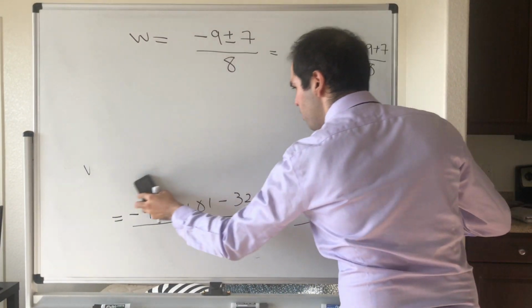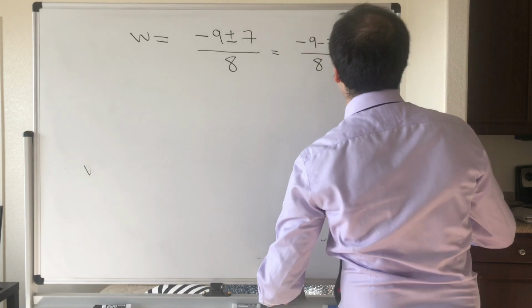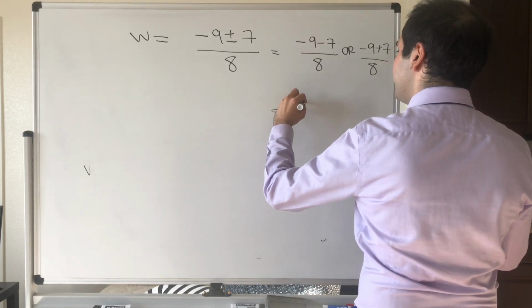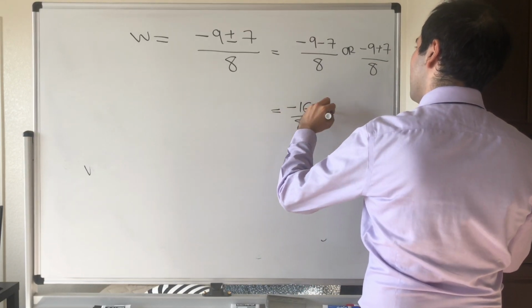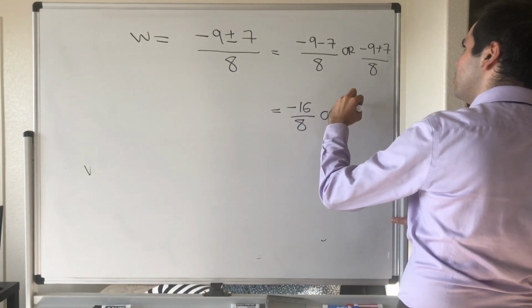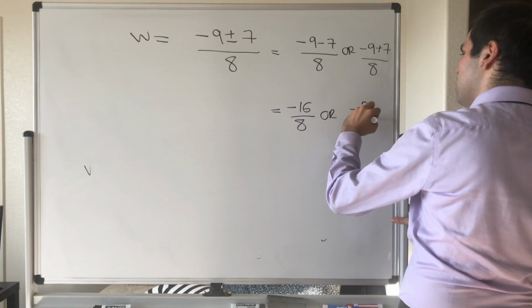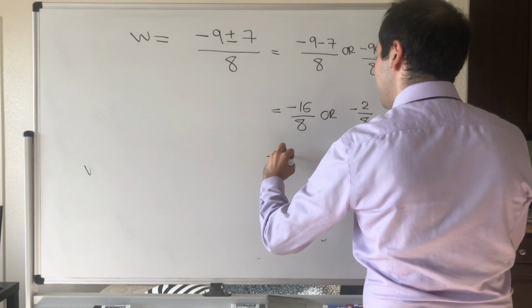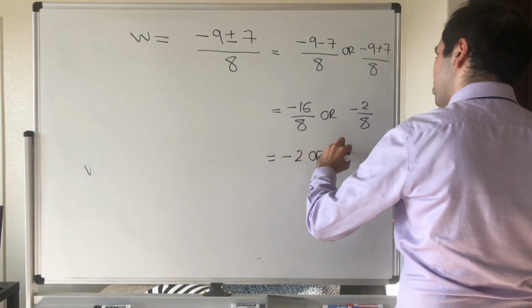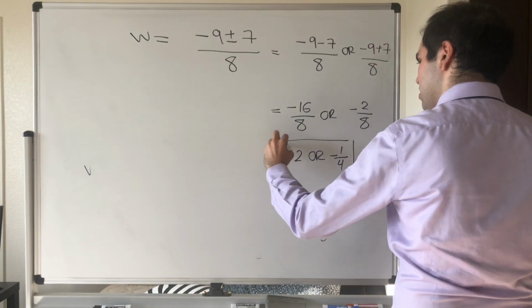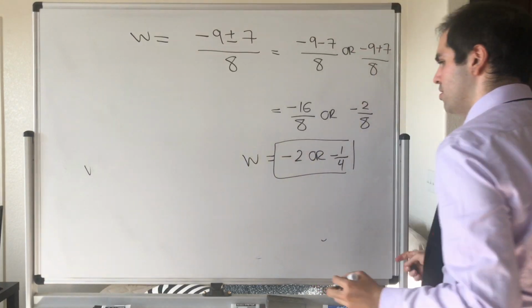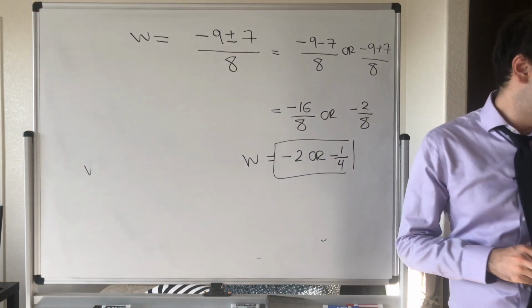And that simplifies quite nicely. So it is minus 16/8 or minus 2/8. So that's minus 2 or minus 1/4. Those are the solutions to this equation.